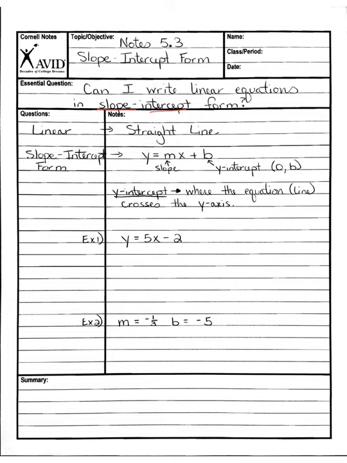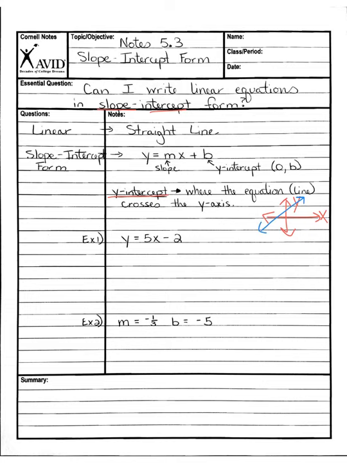And let's talk about the definition of a y-intercept. It's where the equation or the line crosses the y-axis. So if we think of a graph, and this is my y-axis, and this is my x-axis, and let's picture a line crossing.